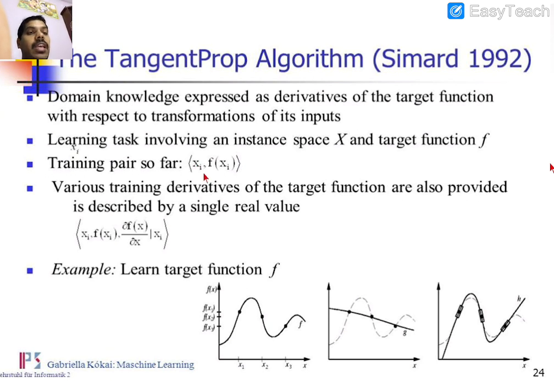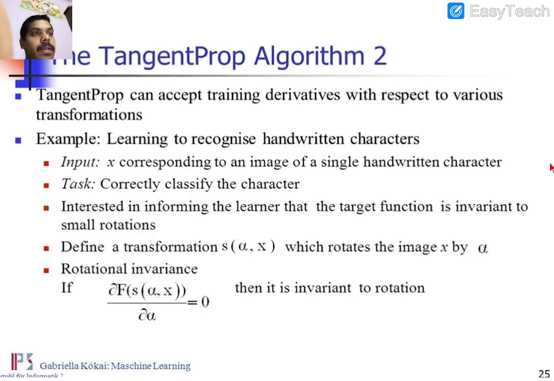If you look at it clearly, x and f of x: this is the instance space and the target function which is going to be defined. And here we are going to have the derivatives of the target function. So here we are able to learn three things: this is the instance space, this is the target function, this is the derivatives of the target function.